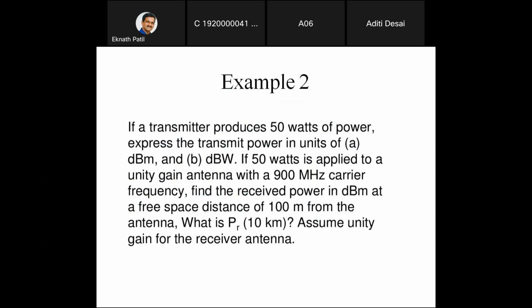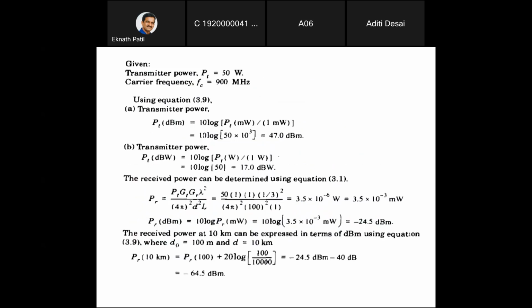Example 2 is related to dBm and dB calculations only, and the power issue. It is a very simple part. With the help of the logarithmic scale one can calculate the power transmitted.